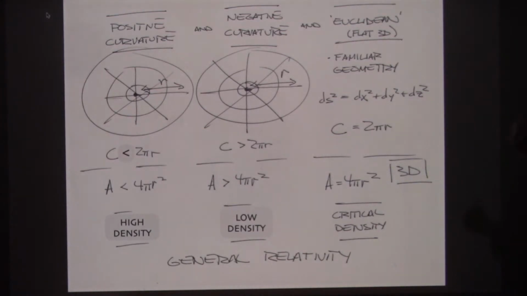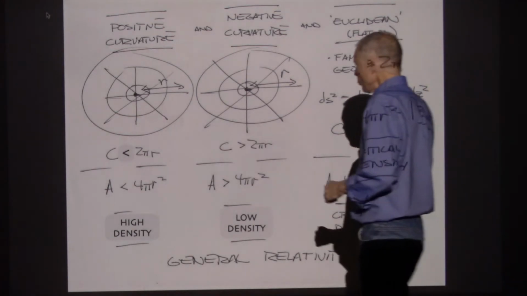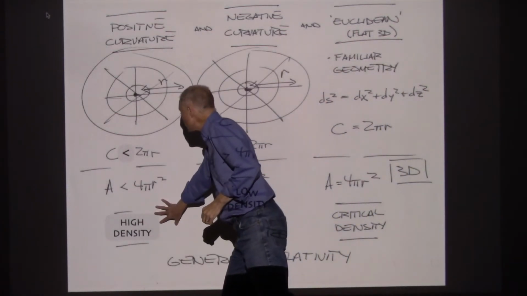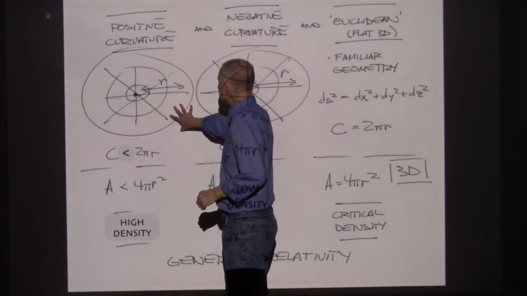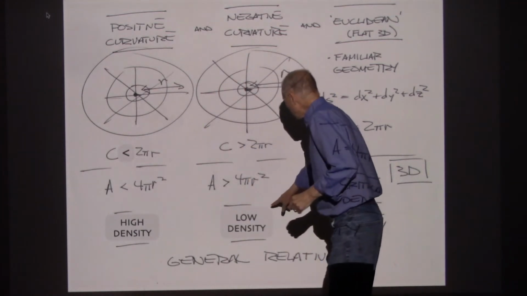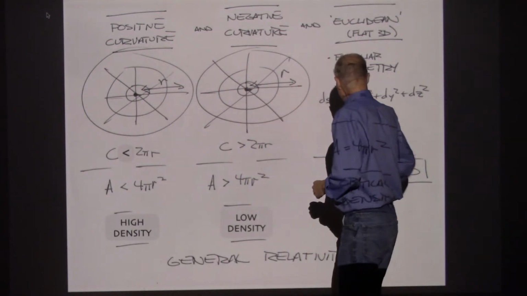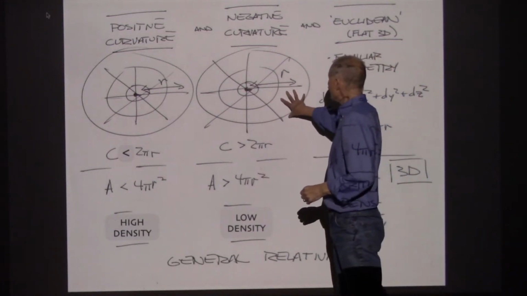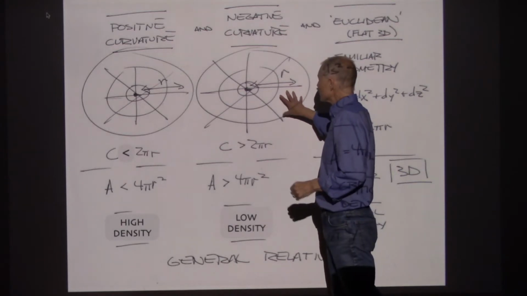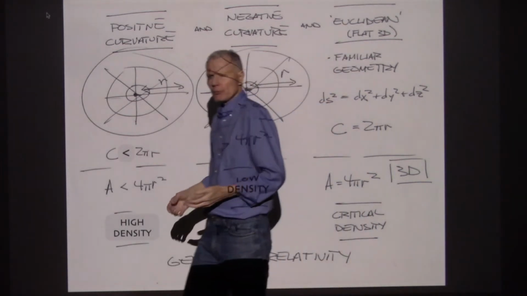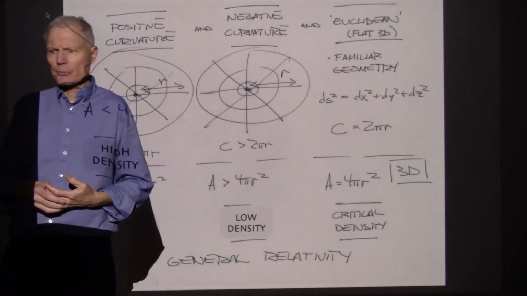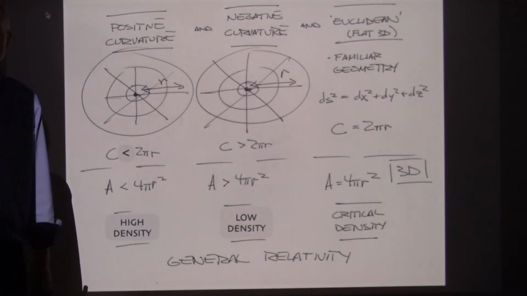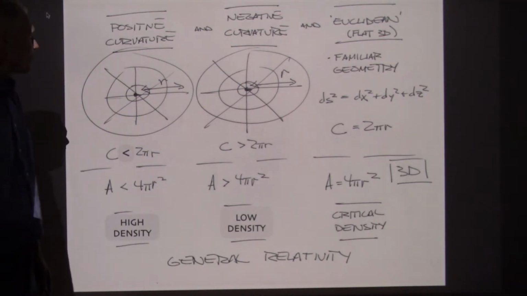So there is a critical value to the density, and if we go higher in density from that, we end up with positive curvature. If we go lower in density compared with this critical amount, then we end up with negative curvature, where the circumferences get bigger than we would have expected and the surface areas are bigger. So it's kind of interesting that we've got these possibilities.